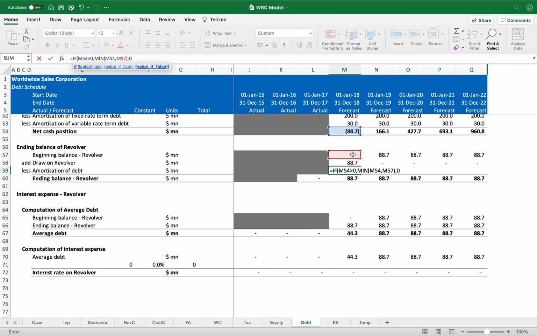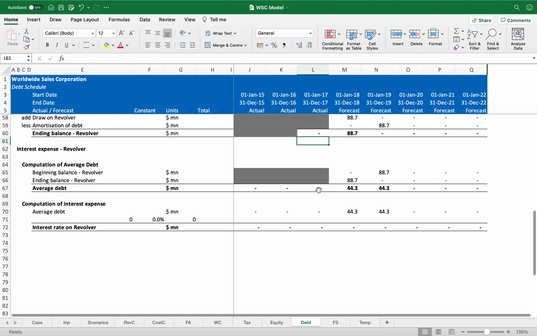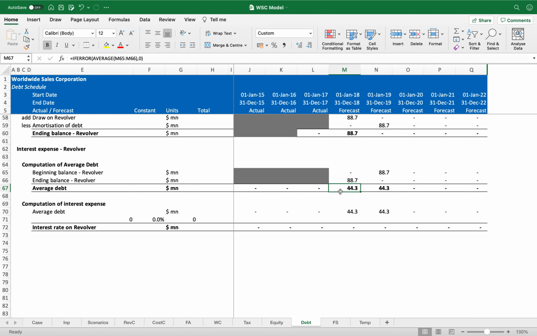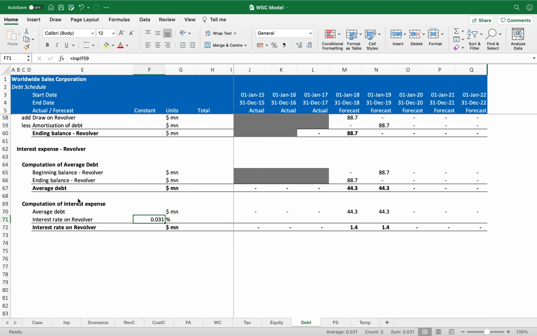Otherwise give me a 0. Then interest expense, okay, average is already computed. Let's bring the interest rate on revolver from the input sheet. And you'll see your numbers popping up automatically.